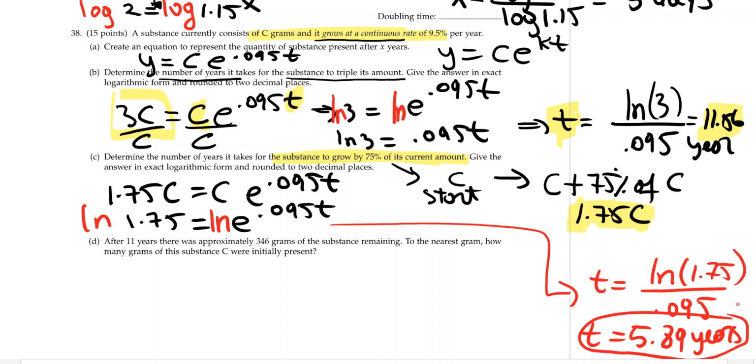So again, I don't know what I started with, C, but I know it's going to take 5.89 years for that C to grow by 75%.